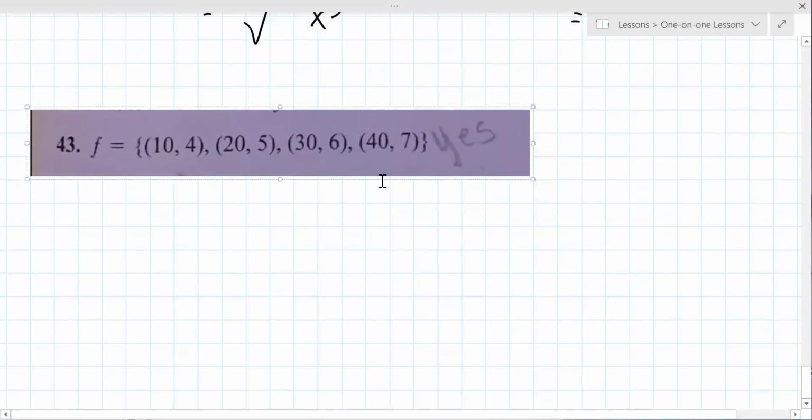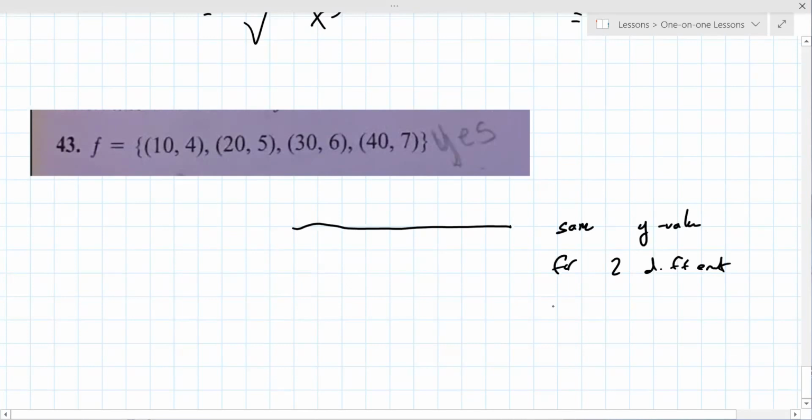The horizontal line test means that you have the same y value for two different x values. So what you're looking for, and you don't want to plot these, is duplication in y. Do you see any duplicates in y? No. So it is 1-to-1.